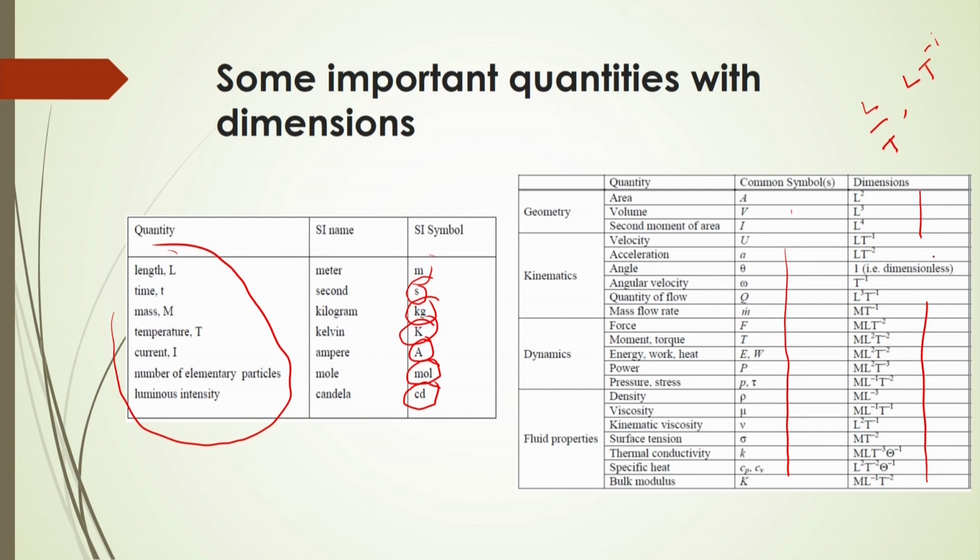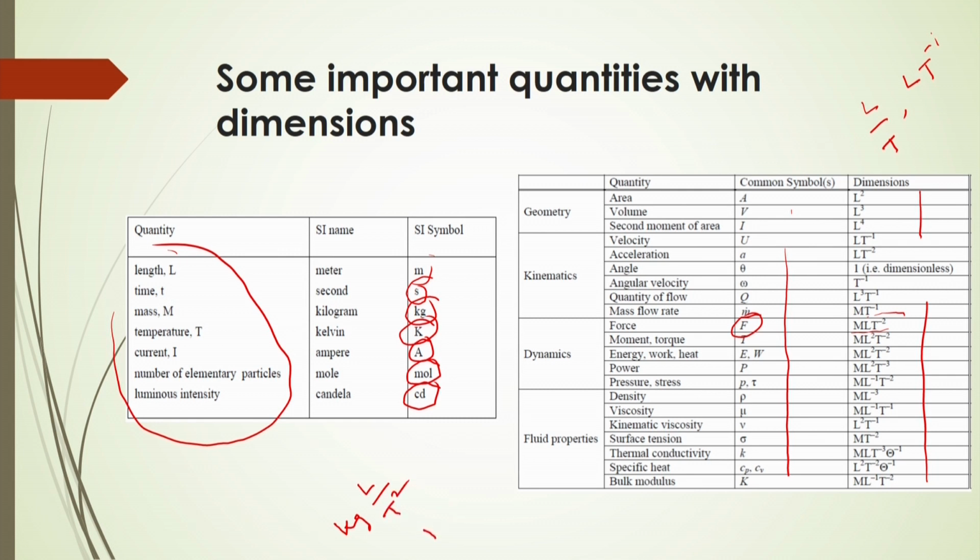Similarly, what should be the unit or dimensions for force? Force is represented by F, and how do we define force? It is 1 kg of mass accelerated at A, and acceleration is L by t squared.